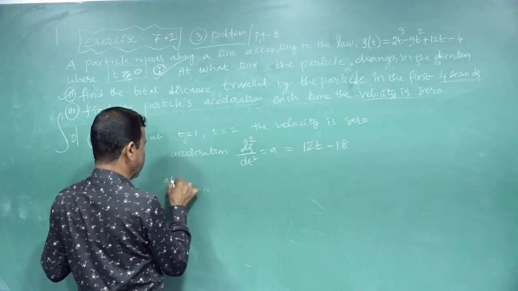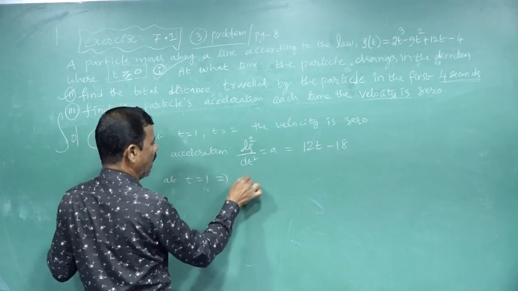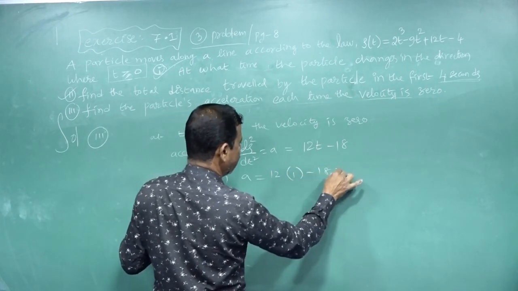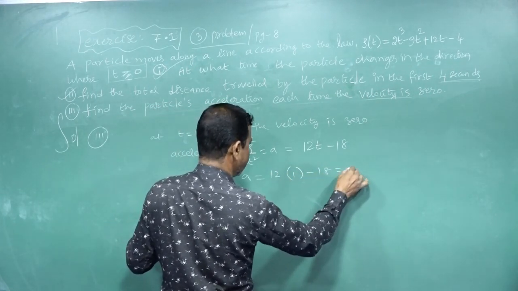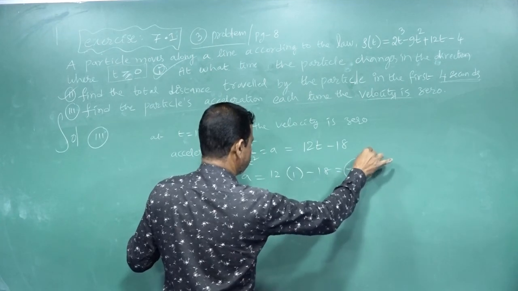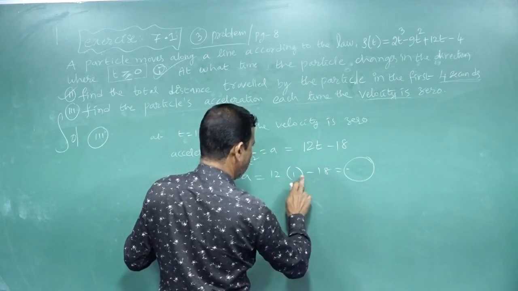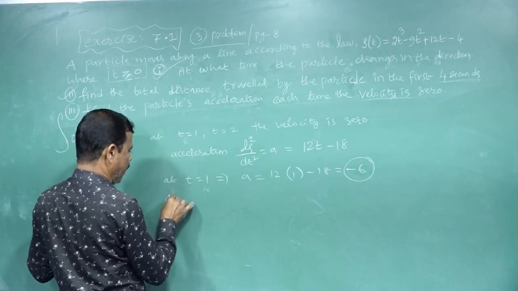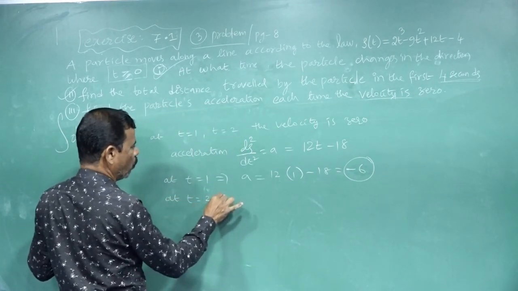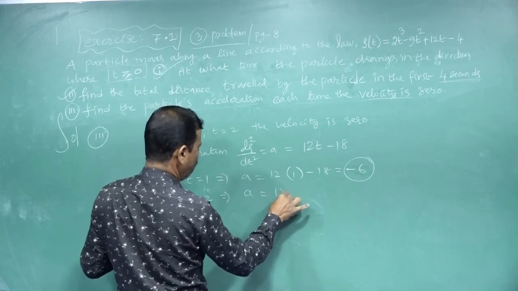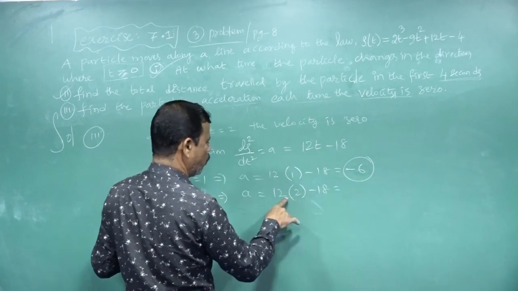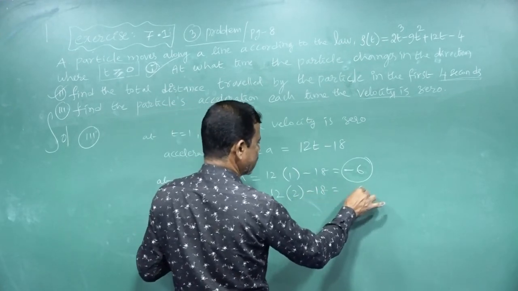So at t equal to 1, acceleration a is equal to 12 into 1 minus 18, 12 minus 18, minus 6. And at t equal to 2, acceleration is 12 into 2 minus 18, equal to 24 minus 18, plus 6.